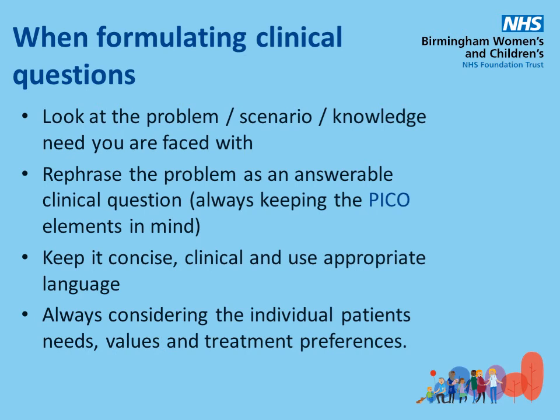Finally, always remember to consider the patient's needs, values and preferences. And remember, only ask one question at a time. By this I mean, for example, if you're interested in dozens of different types of outcome, consider writing a question that is looking for one type of outcome and then write separate questions for the other types of outcome. Or you may want to consider not specifying the outcomes at all.